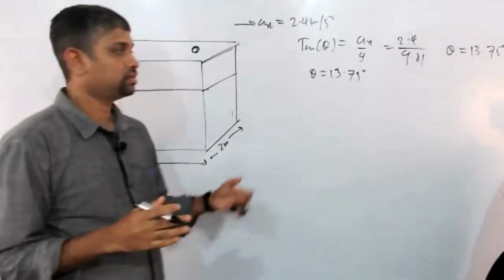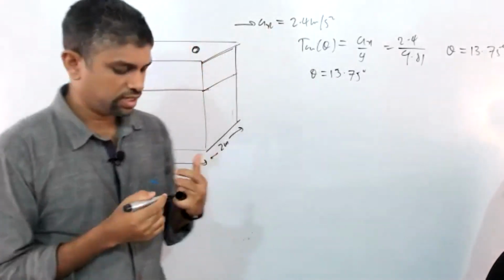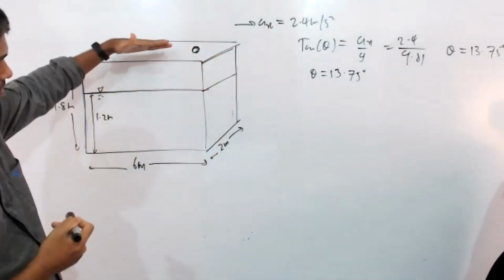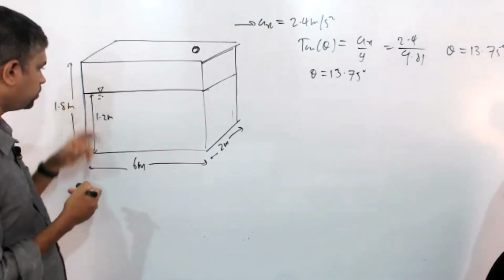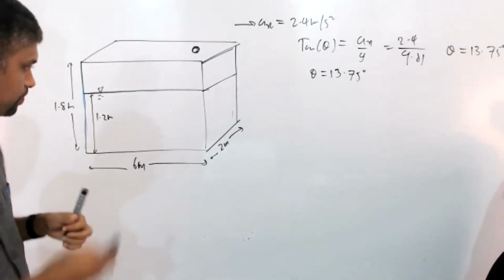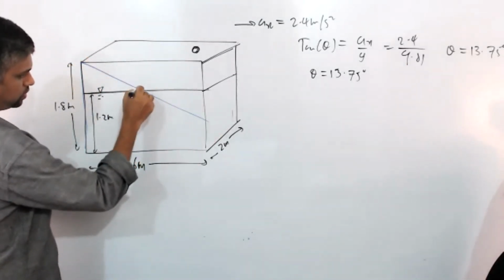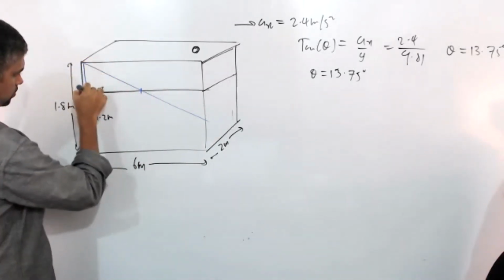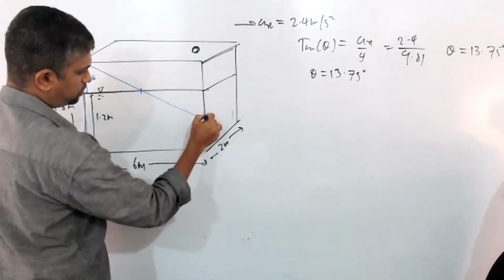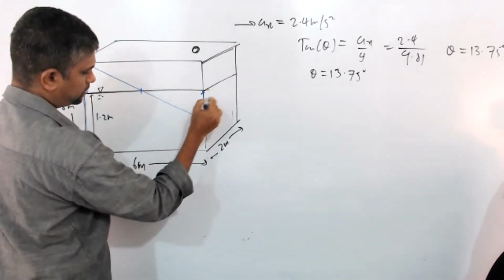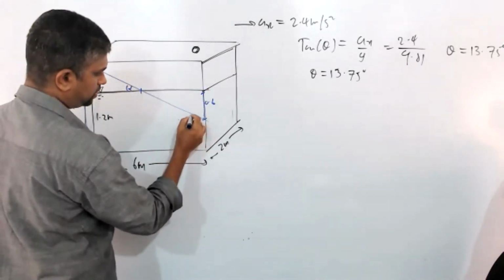We don't know whether with this angle the water will hit the top surface of the tank. Now the tank is filled more than half, no? This is 0.6. This is also 0.6. So you can calculate this alpha.